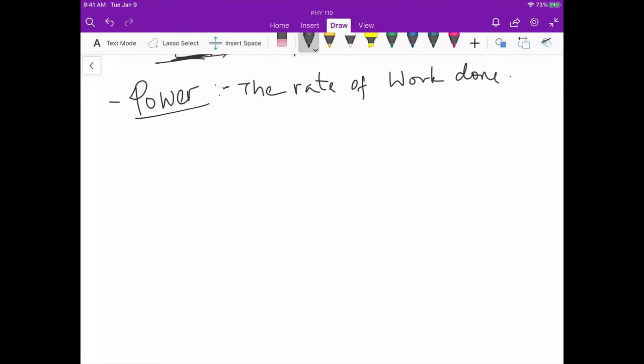How much work is done on an object, that is what power is. In general, in terms of physics, you can find power as whatever work is done per time.